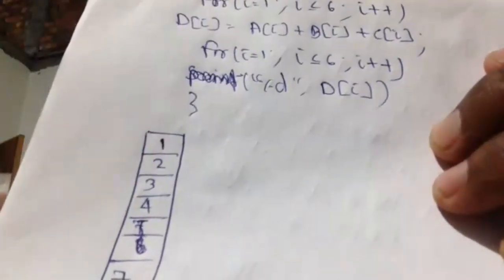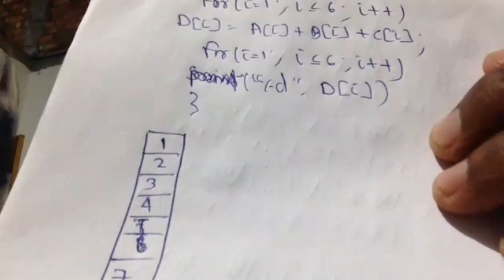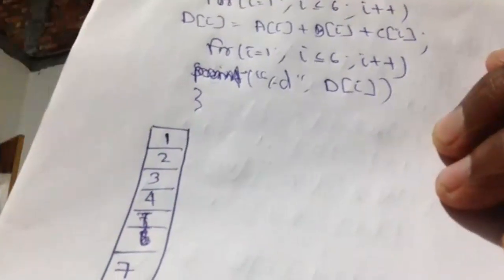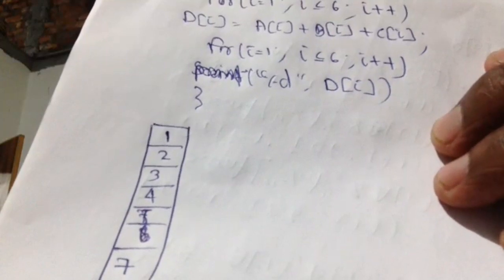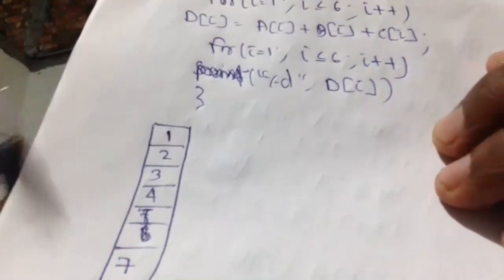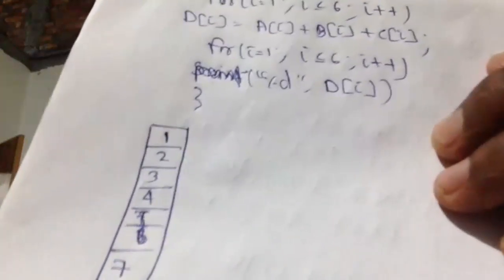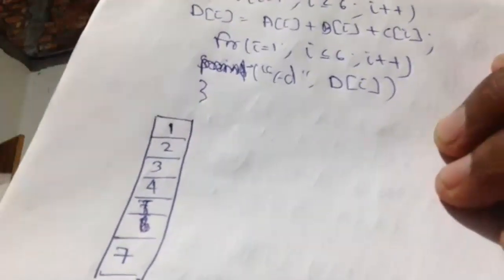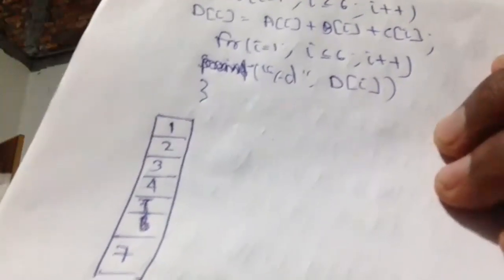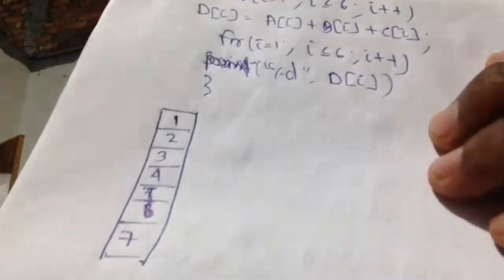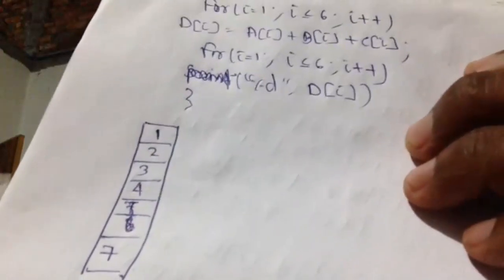Now my question is that this is in order 1, 2, 3, 4, 5, 6, 7, is it not? Yes, sir, it is in serial order. Now my question is to make it reverse. Reverse means while displaying, first it will come 7, 6, 5, 4, 3, 2, 1. Are you getting my point? Yes, sir.